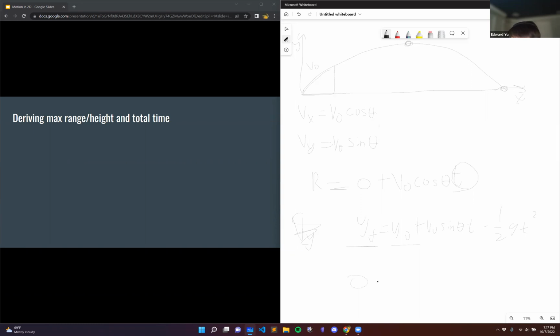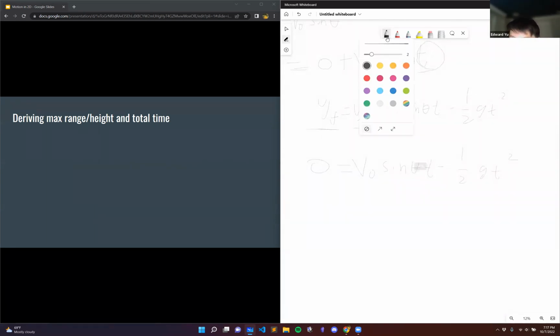So 0 is equal to v sine theta t minus 1/2 gt squared. Now if we move the v sine theta t to the other side, v sine theta t is equal to 1/2 gt squared.